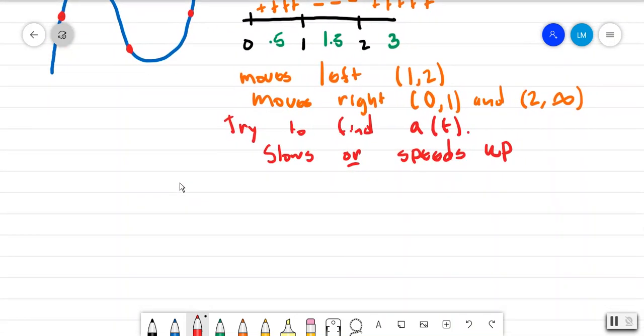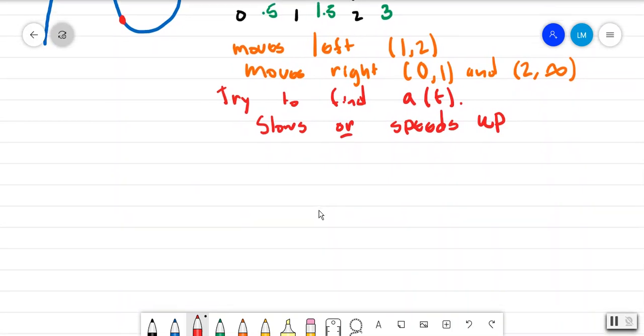Now, the other thing that you will end up looking at with respect to rates of change is, for example, when the velocity is equal to 0.